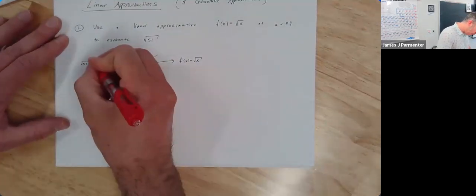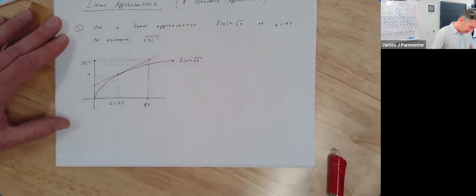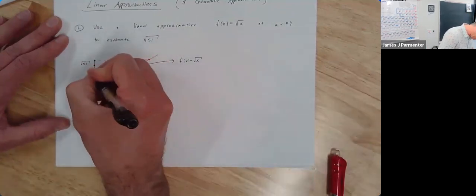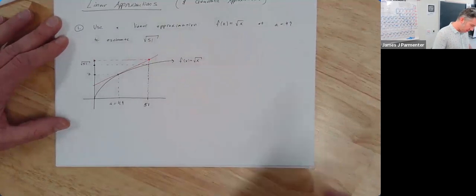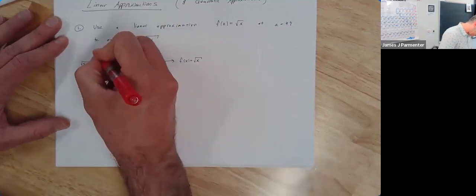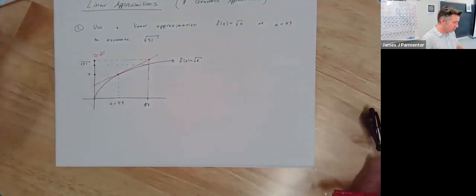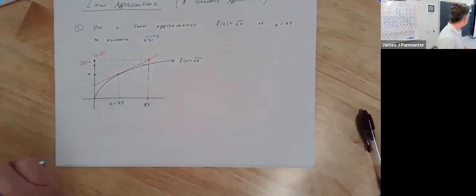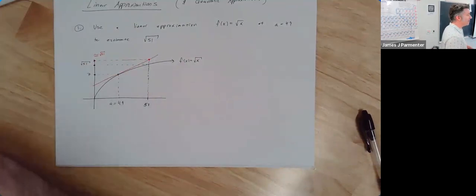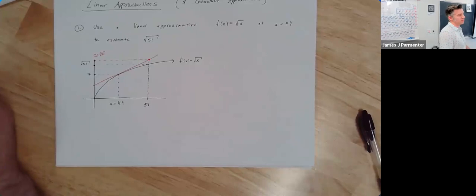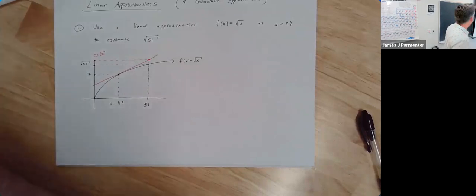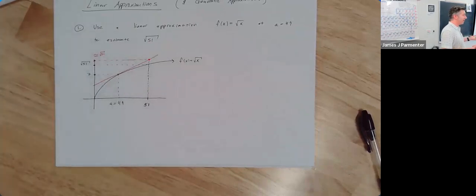So right there, that number there, sorry, this is root 51 right here. That number there is going to be our approximation of the square root of 51, which is also called the linearization. So here's the real thing we're doing. We're going to find the equation of this tangent line. We've already done it at least 10 times in this class. Maybe like 4. And then we're going to plug in the value that we like.